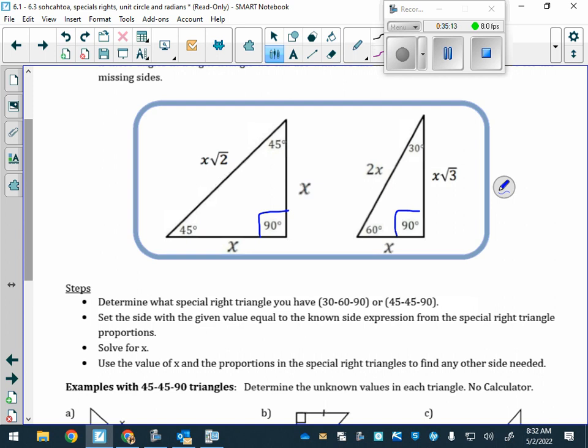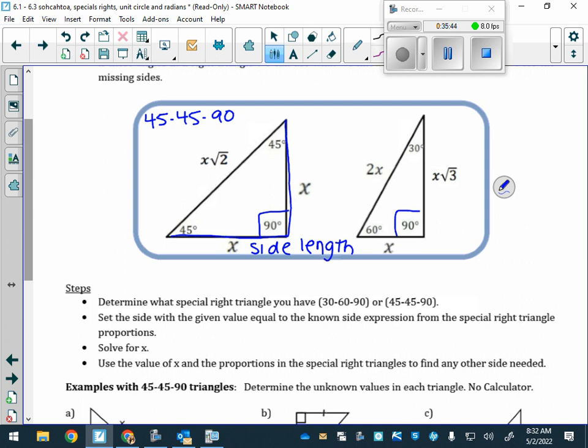Our 45, 45, 90 and our 30, 60, 90. Okay? 45, 45, 90 is one of the easiest. Okay, X is your side length. So for 45, 45, 90, you have same side lengths.